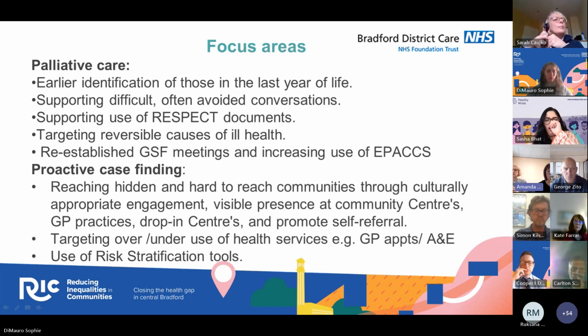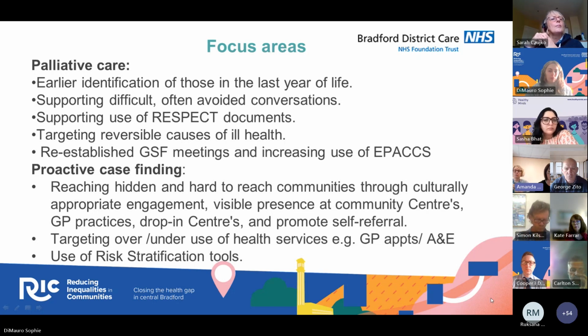And we also use the risk stratification tool, for which we've used various permutations of reports. So we've tried everything from 2 A&E attendances, to an A&E attendance and a fall, or a frailty score, or an age. We've used lots of different permutations of running the report through various of our GP colleagues who are really supportive in this, so that we can do that element of case finding.